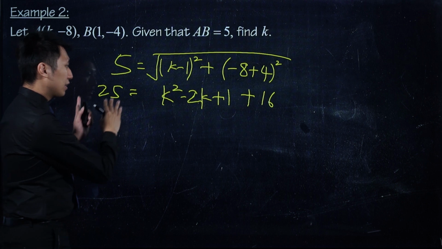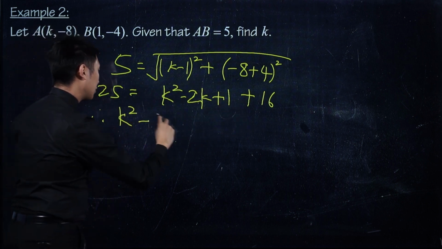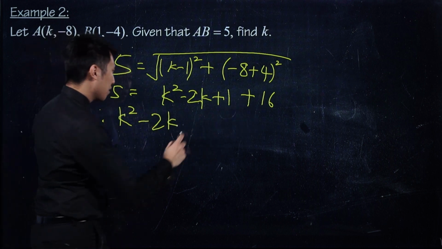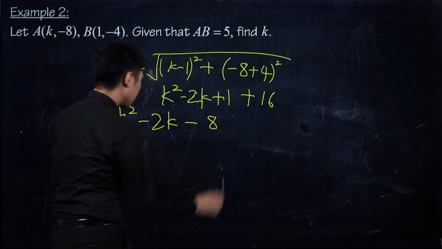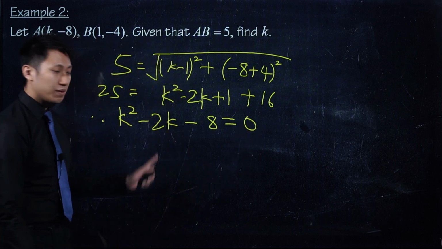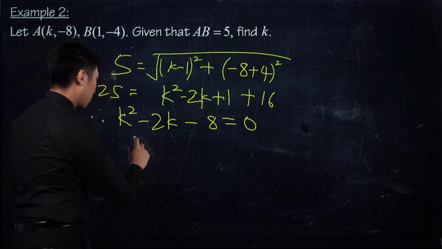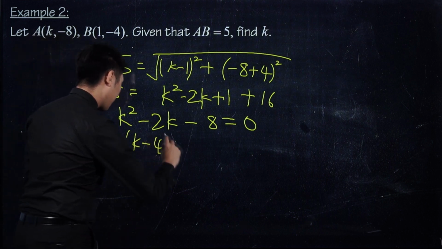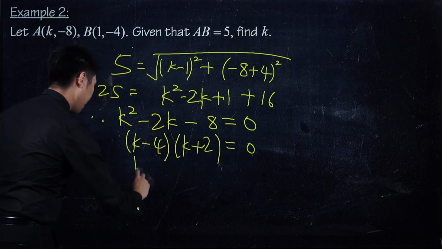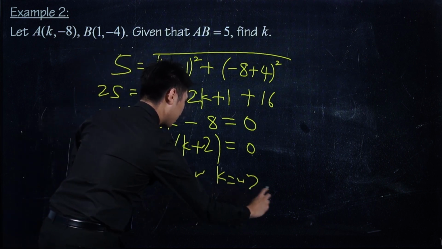I want to move everything to one side, so I get k squared minus 2k, then 17 minus 25 gives minus 8, equal to 0. How familiar are you with this? The middle is minus, so I would get k minus 4, k plus 2 equal to 0. Hence k is equal to 4, or k is equal to negative 2.